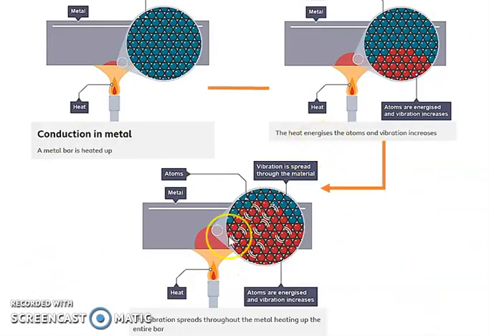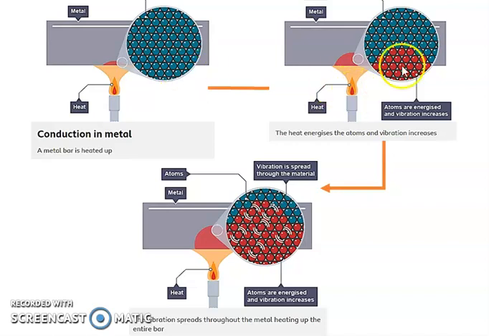So now let's look into how conduction can take place. When you heat one end of a metal, the particles will gain heat energy. When a particle gains energy, it will tend to vibrate faster. This gives them kinetic energy.